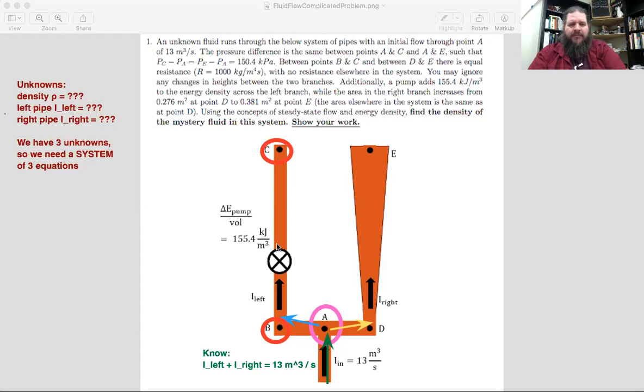Work density of the pump, 155.4. And kilojoules per cubic meter is the same as kilopascals. And then minus I left, which we don't know, times the resistance, which is provided, 1,000 kilograms per meter to the fourth seconds.